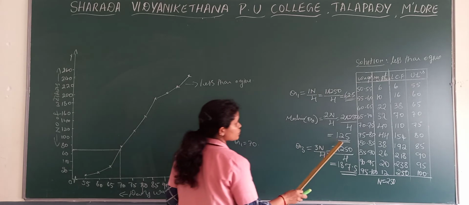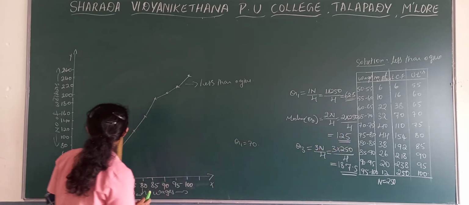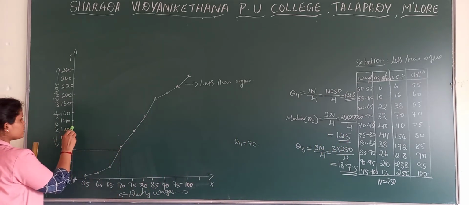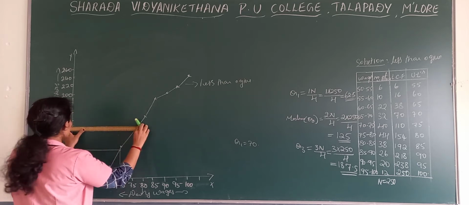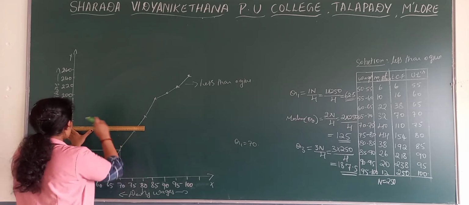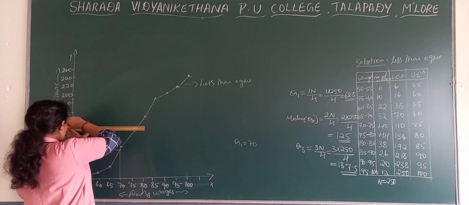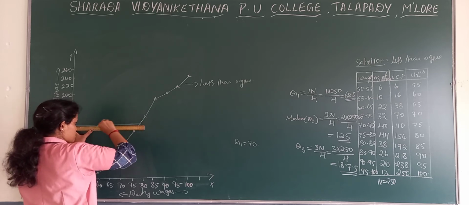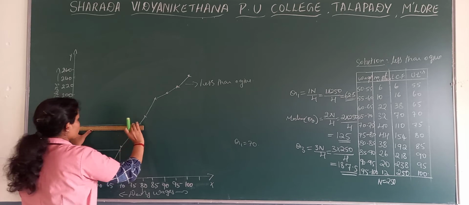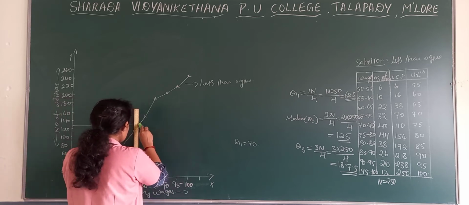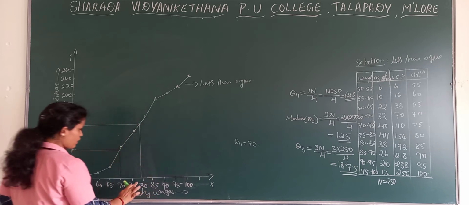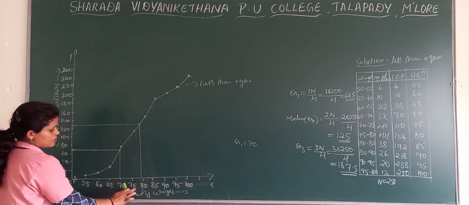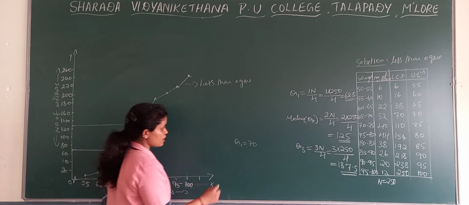The next one, Q2 median, 125. Draw a parallel line to the x-axis from 125. From there, where it meets the OG, the value is approximately 79.